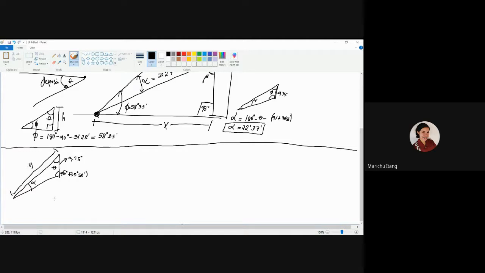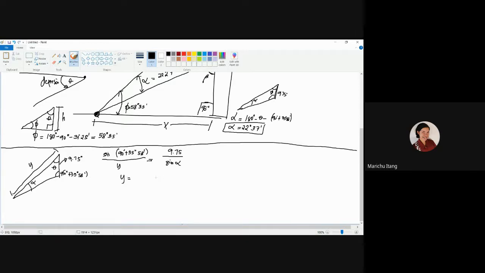So using sine law, we have sine of 90 degrees plus 35 degrees 58 minutes over y equals 9.75 over sine alpha. Then y, use your calculator. What is the value of y?